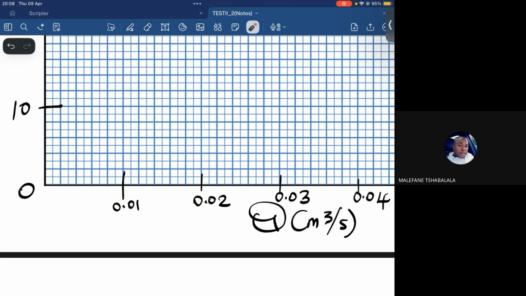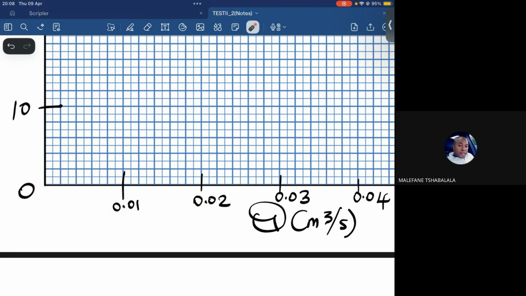So for our minor vertical grid lines, we'll be using an equidistant scale of 0.002: 0, 0.002, 0.004, 0.006, 0.008, then 0.01.